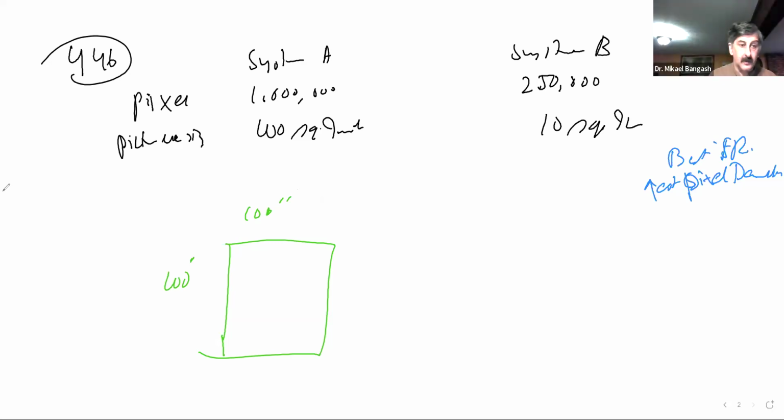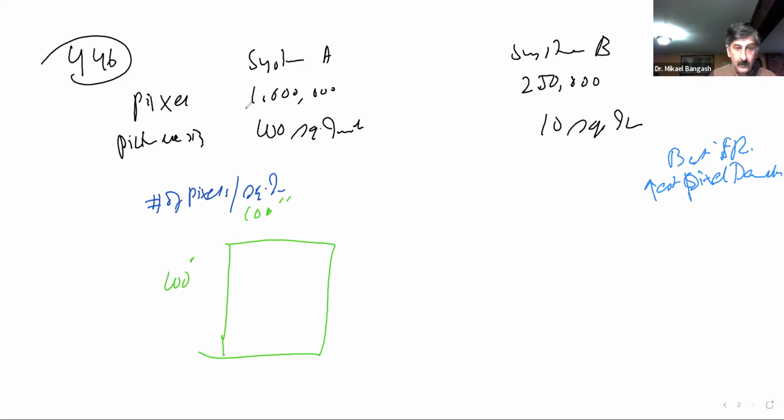But the question comes, what is going to be our pixel density, which is going to be the number of pixels per square inch. And the same over here. So how do we get that?